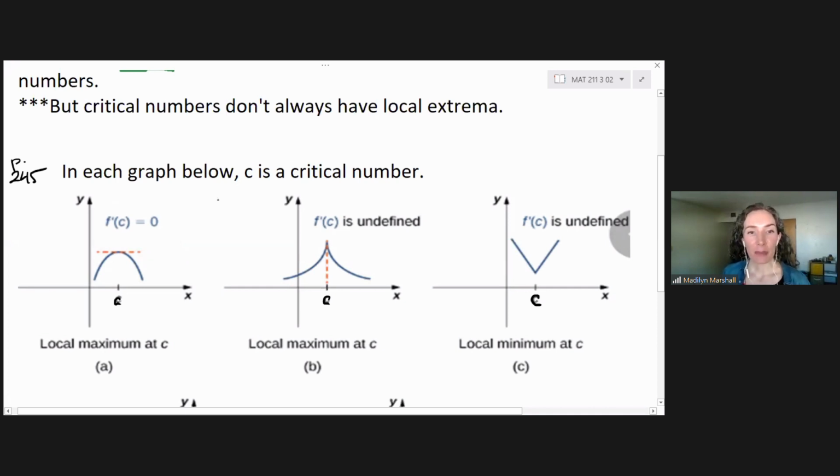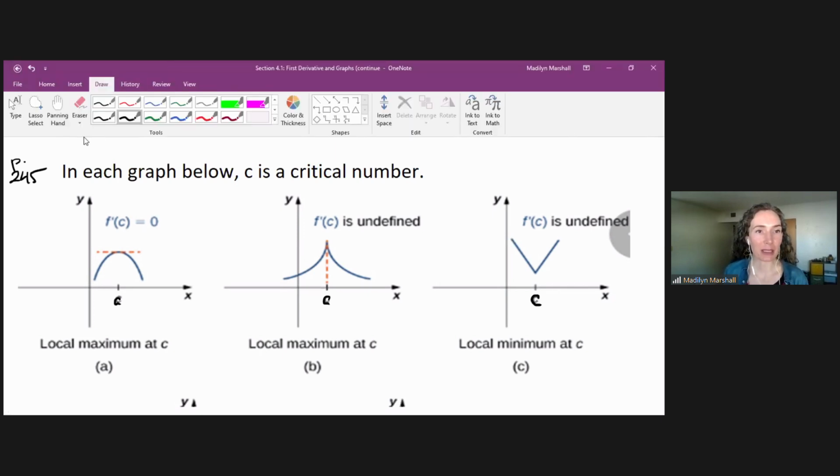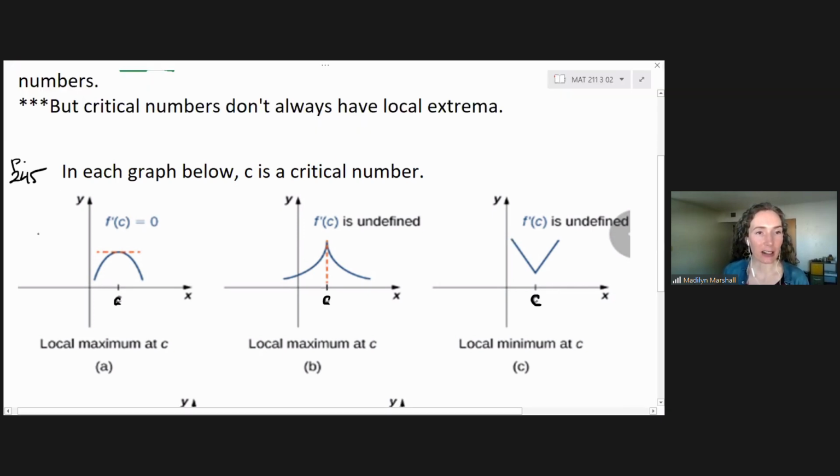So on these top 3 graphs, we have local maximums and local minimums. So each of these are local extrema. All of them either have a highest point or a lowest point.